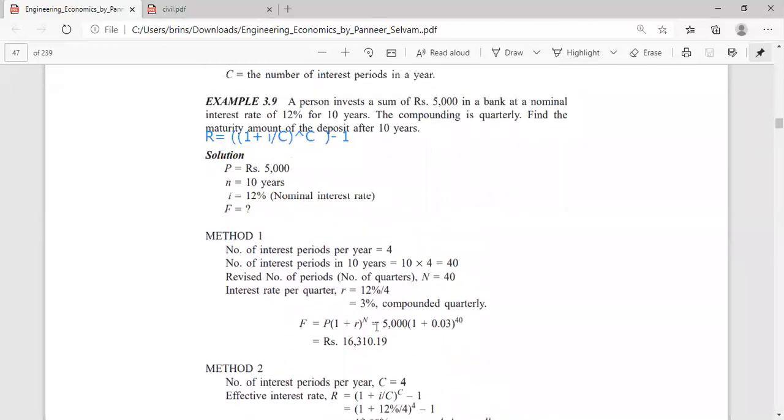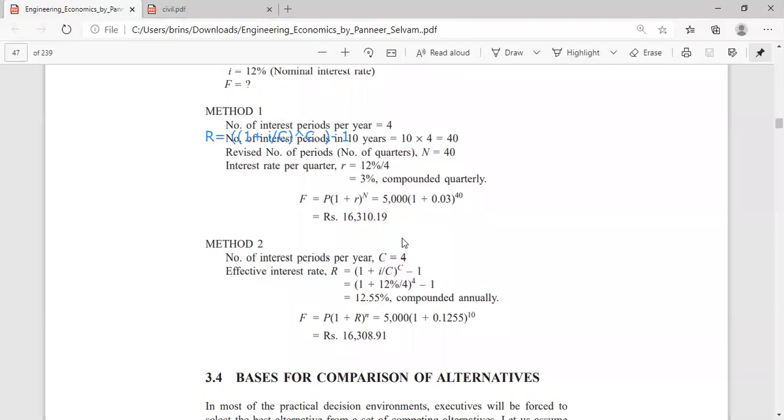So you can use either one of these two. But the most important thing is to read the question, whether it asks for quarterly, half yearly, or what they have given you. Definitely not annually. Just read how much they have asked for, then convert it and proceed with the problem accordingly, right?